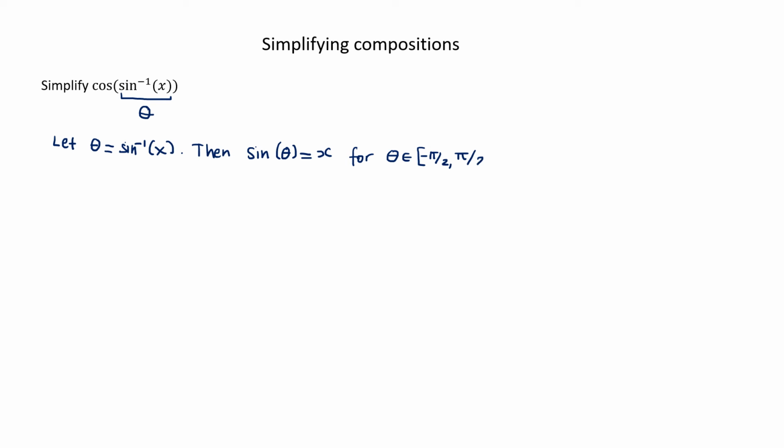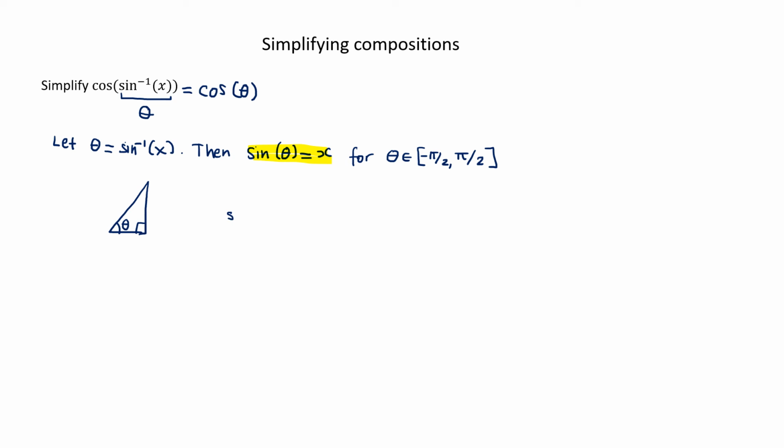All right, so we can rephrase our problem as looking for cosine of theta if we know that sine of theta is equal to x. So what we're going to do is build a reference triangle for sine theta equals x, and we will find our missing side to tell us what cosine of theta is going to be. We want a right triangle where one of our angles is theta.